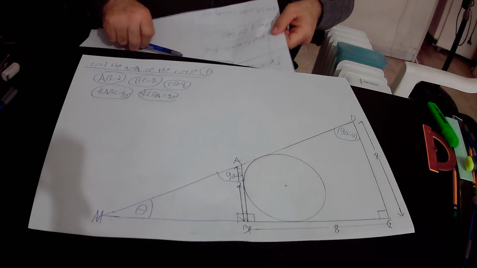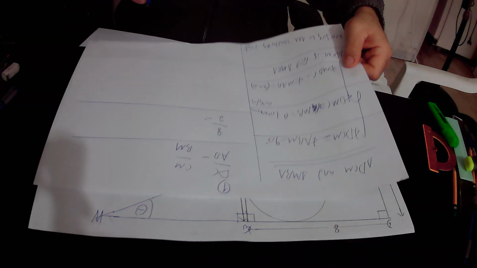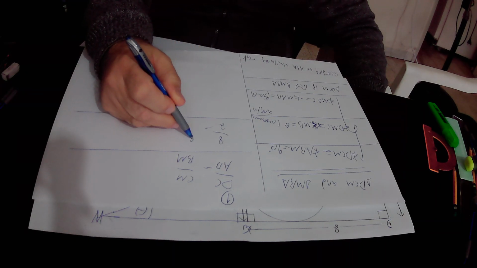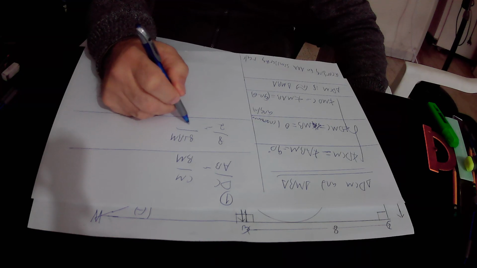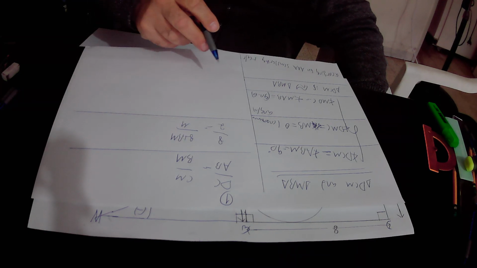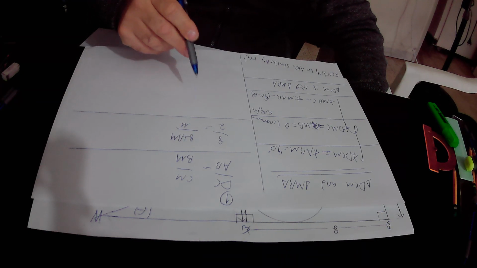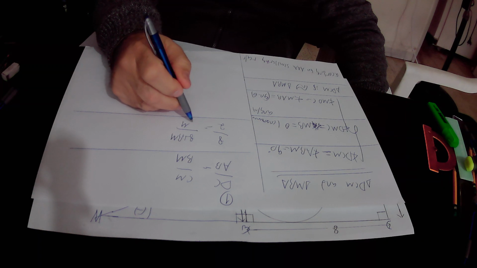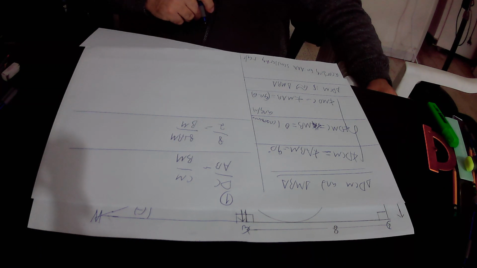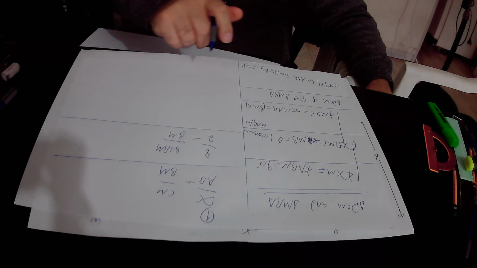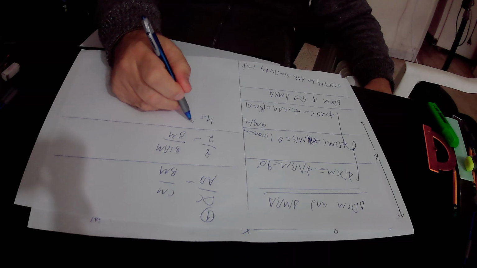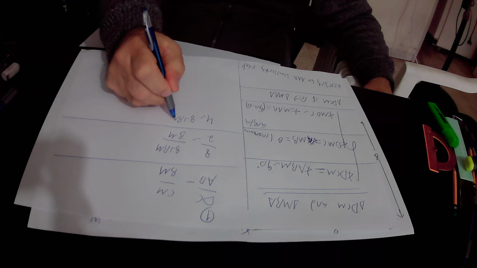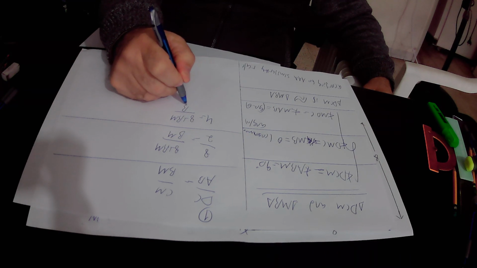So substitute CM in this equation by 8 plus BM, divided by BM. So we found out that 8 over 2 equals 8 plus BM over BM. 8 over 2 is 4, so 4 equals 8 plus BM over BM.